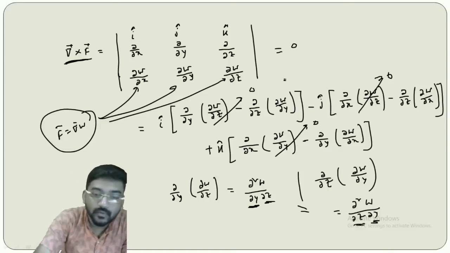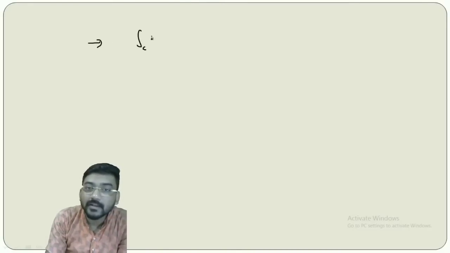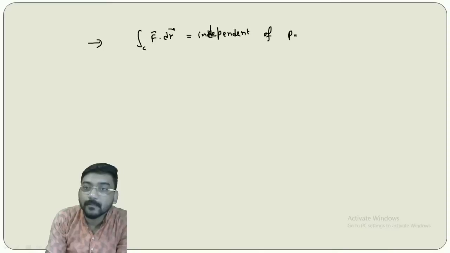So what I can conclude here is that if the line integral of f dot dr is independent of path, then we can find a scalar function w, which is a function of x, y, z, such that f is equal to gradient of w.